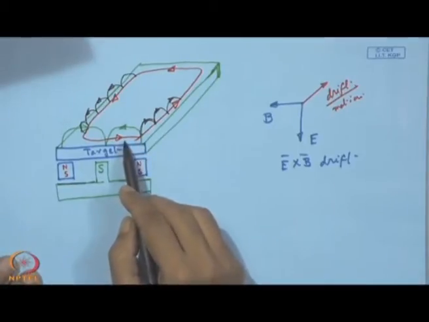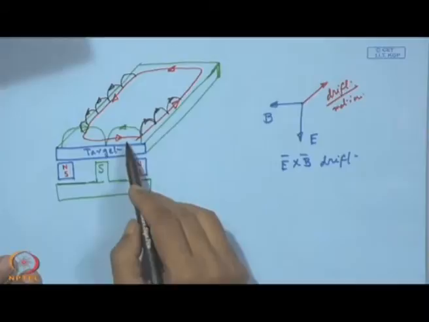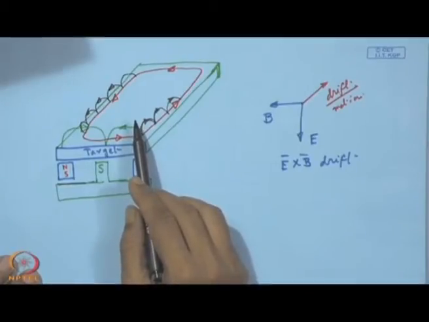That will lead to larger ion flux, that means ion current density will be more, and finally it will lead to high sputtering yield, more ions per unit time, higher erosion rate, and then also deposition.